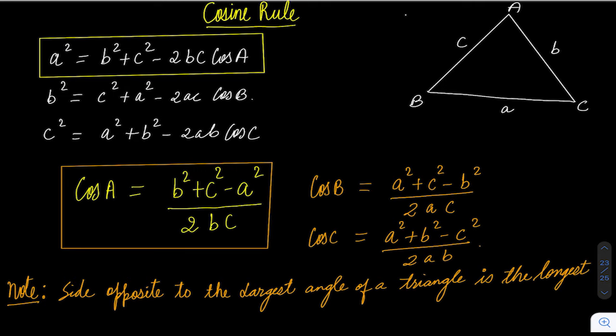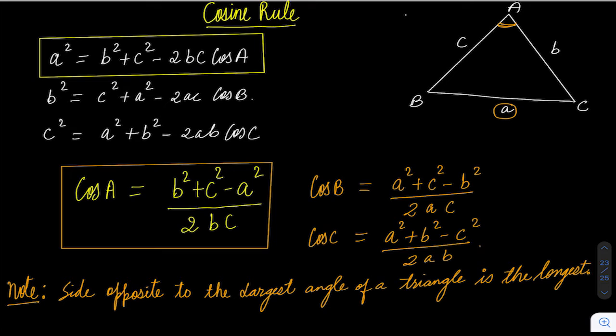So basically, if in this triangle ABC, angle A is the largest of the angles A, B and C, then it automatically means that side a will be the longest in this triangle. That is, side a will be greater than b, and side a will be greater than c.